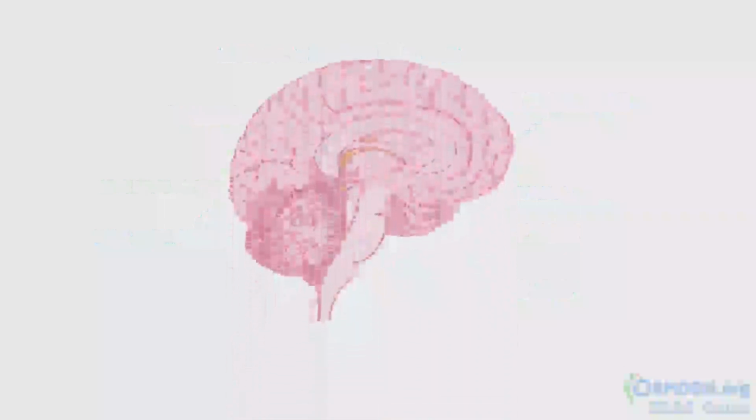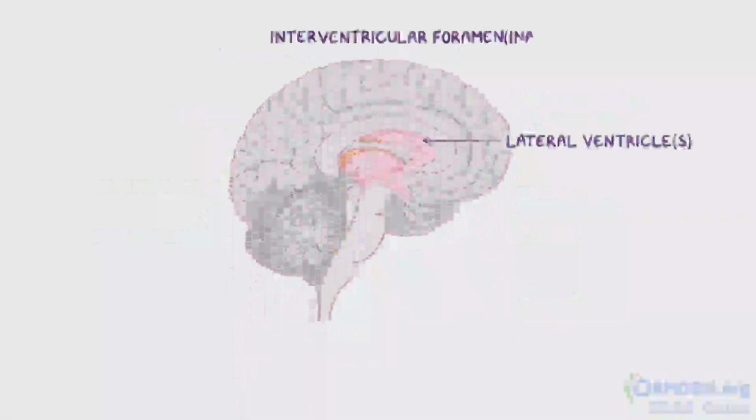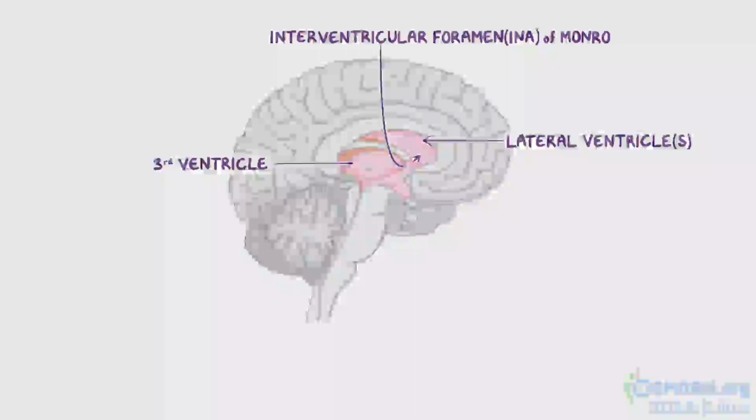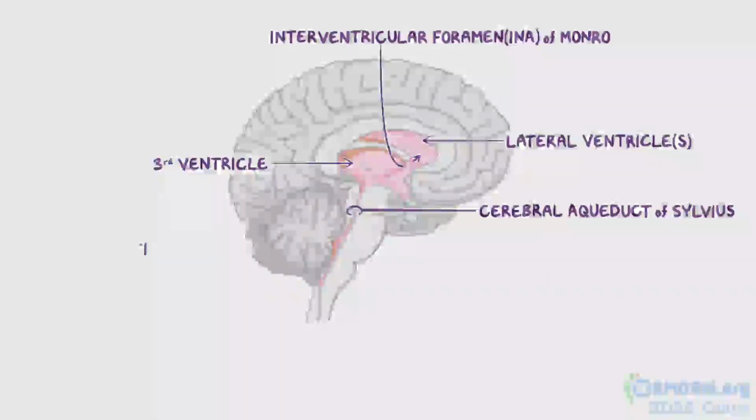The CSF flows from the lateral ventricles through the interventricular foramina of Monro to the third ventricle that is located in the middle of the diencephalon. The CSF then flows through the cerebral aqueduct of Sylvius of the midbrain into the fourth ventricle, found between the brainstem and the cerebellum.